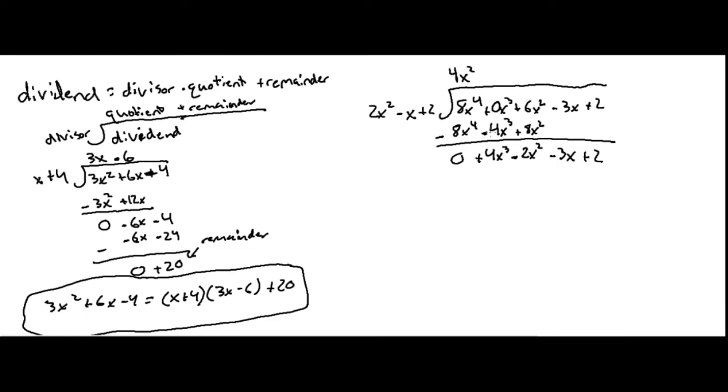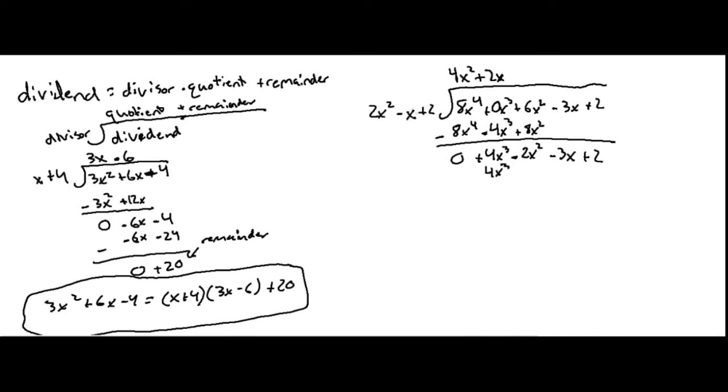Now we're at the point where we need to figure out a term that will give us 4x cubed. So 4 divided by 2 will give us 2. Then x cubed divided by x squared, so that's just 3 minus 2, that'll be x. So now we know that 2x times 2x squared will give us 4x cubed.